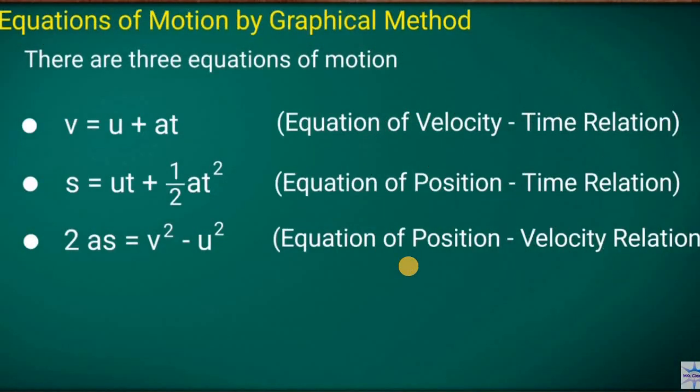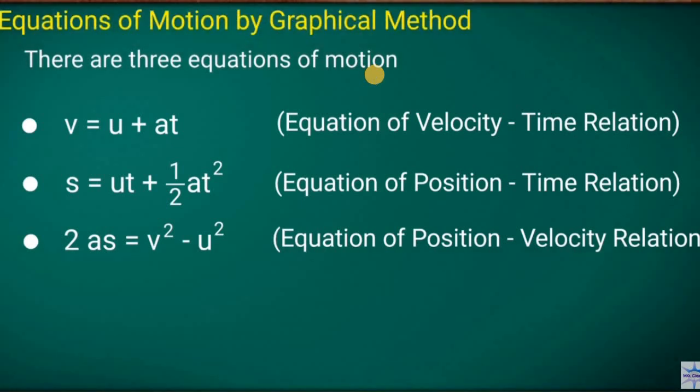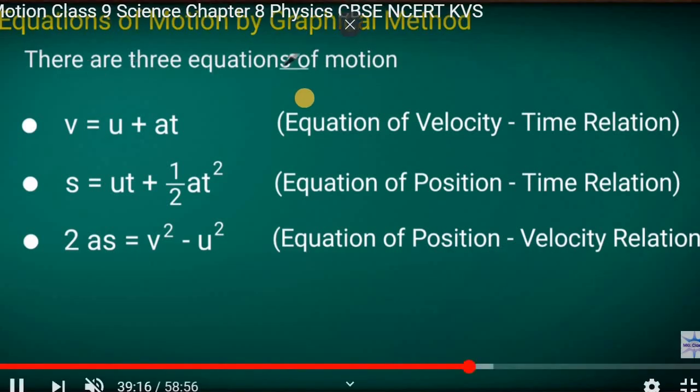Now the equations of motion by the graphical method. There are three equations of motion by which we can easily calculate different physical quantities. The first one is V is equal to U plus AT.